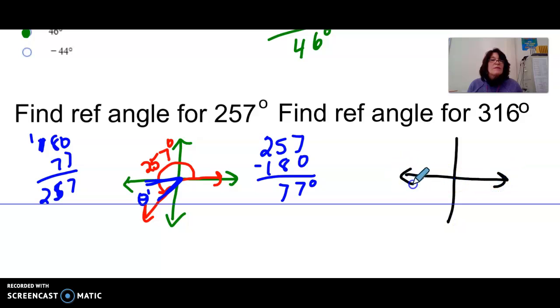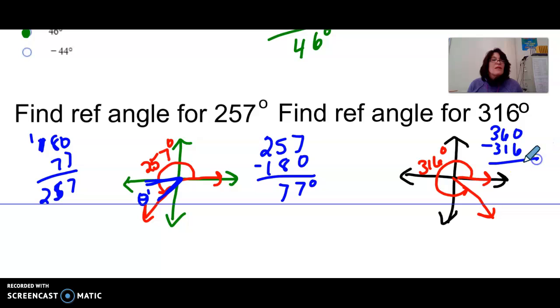Reference angle for 316 degrees. Well, for 316 degrees, I'm not quite to 360, am I? Okay, there's 316 degrees. And I'm a little short of 360. 360 minus 316 is 44 degrees, right?